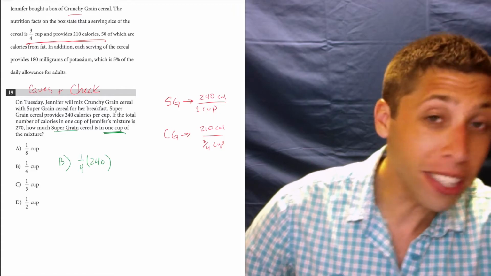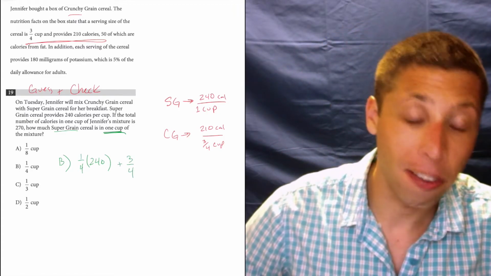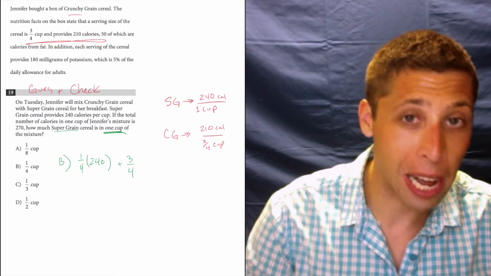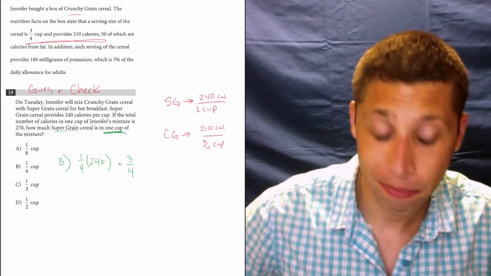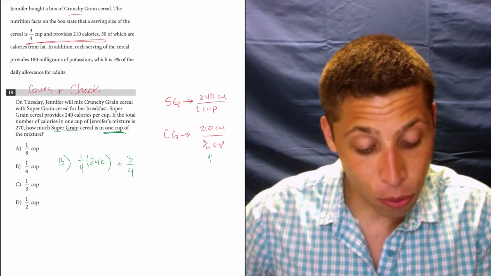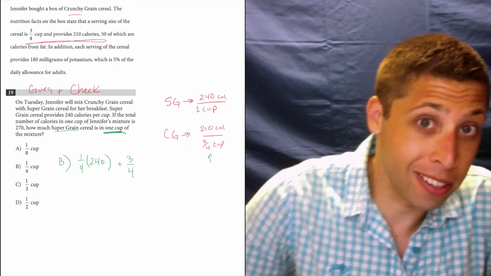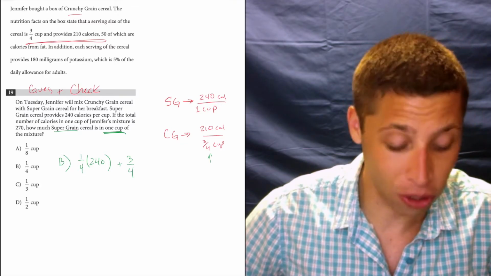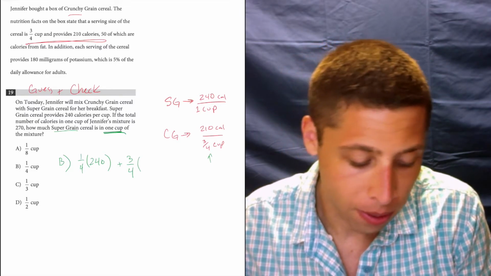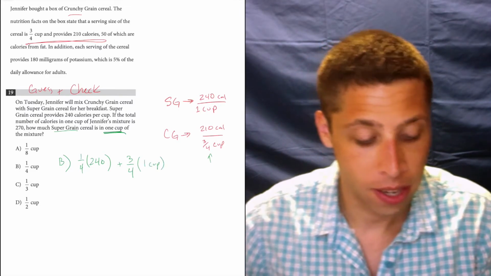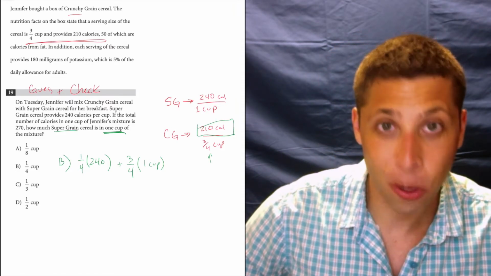So very conveniently, 3/4 of a cup of this mixture is going to be the crunchy grain, CG. And the rate they gave me for CG is in 3/4 of a cup, so I don't need to do any conversions here. 3/4 of a cup is 210 calories. That's what they gave me.